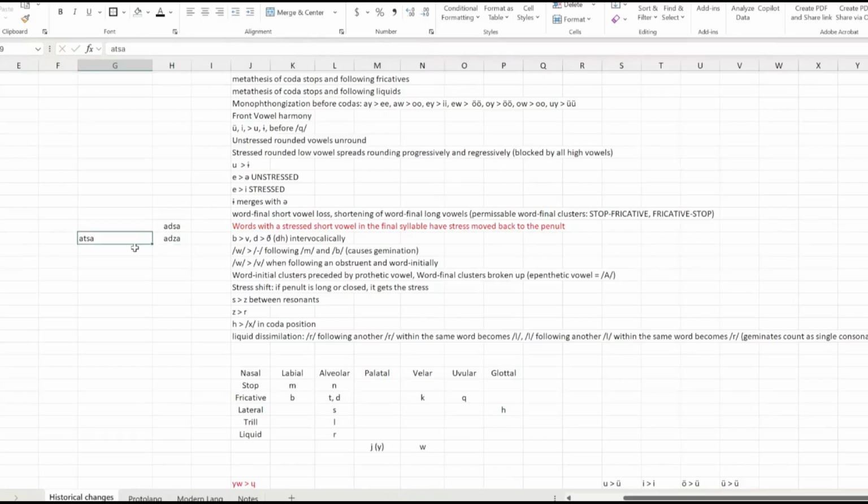Now with atsa, this happens after stop fricative metathesis has happened, so this would be the only instance in the language in which you would get a TS sequence, which is kind of weird. Whereas with adza, again, metathesis wouldn't happen, and that Z would eventually turn into an R, so it would become adra, which again is not a sequence that happens anywhere else in the language.